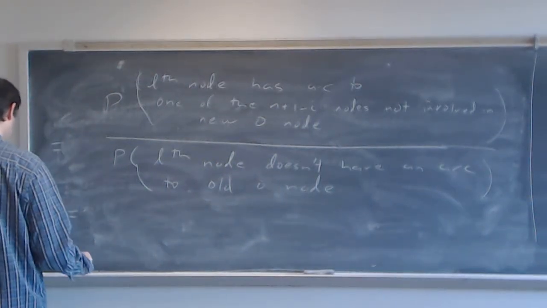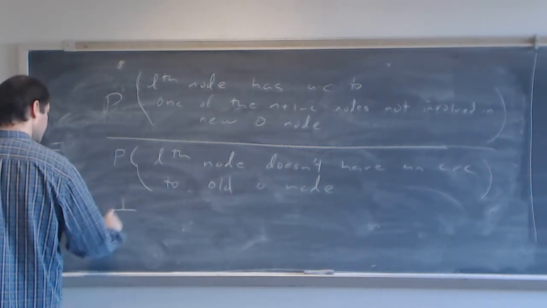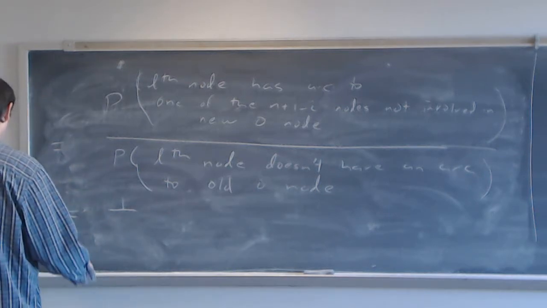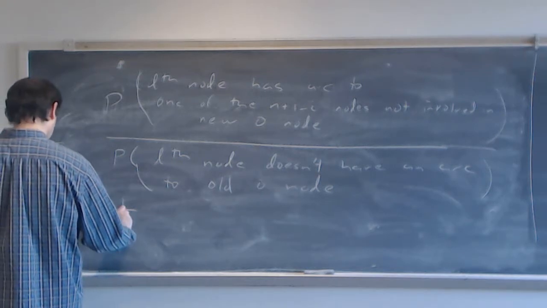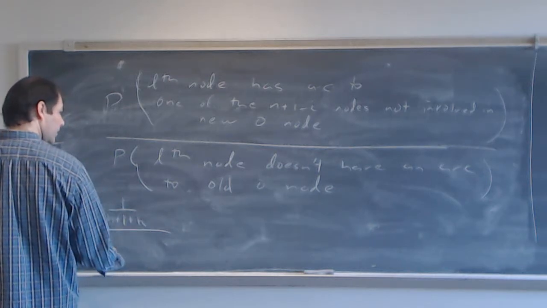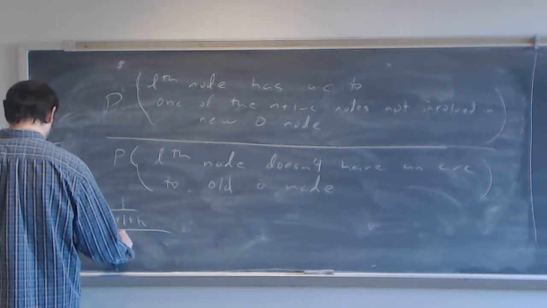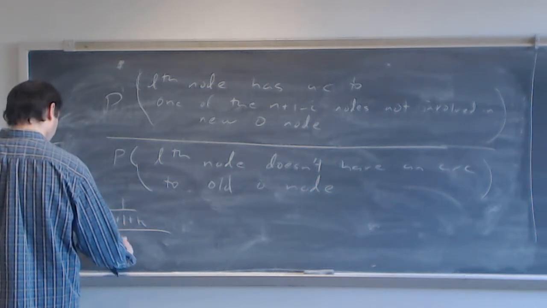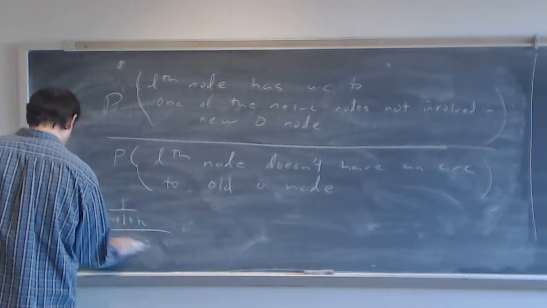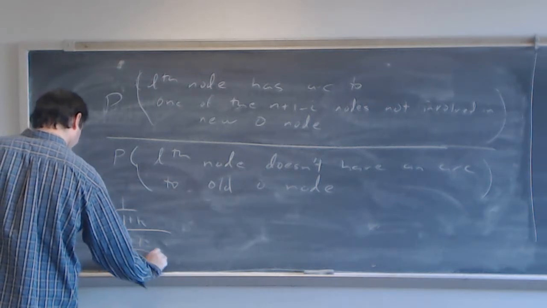And that's equal to, so here, going to a particular one of those is 1 out of n plus 1 plus k, over here, going to the O node. So that would be, if you will, 1 minus k over, so this will be n plus 1 over n plus 1 plus k.